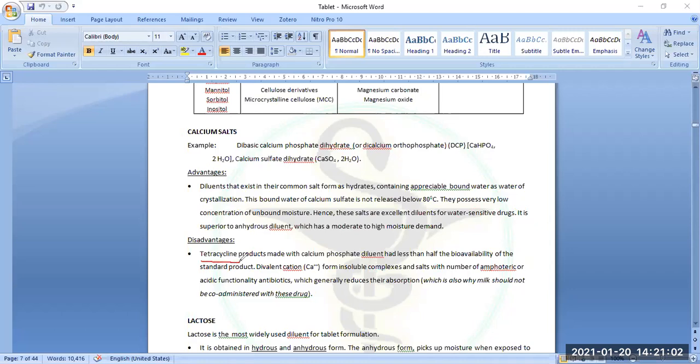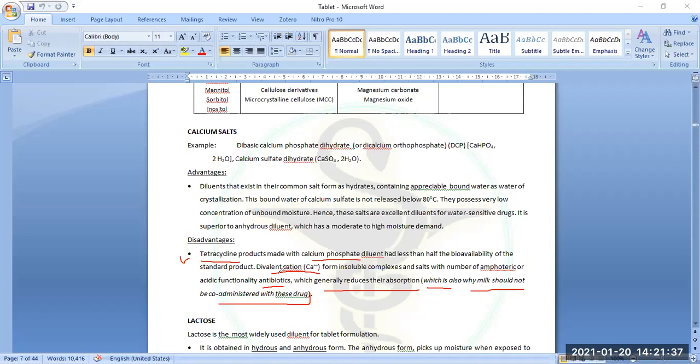What is the disadvantage? We already discussed tetracycline. Tetracycline makes a complex with calcium phosphate as a diluent and reduces its bioavailability due to the cation. It forms an insoluble complex and salt with a number of amphoteric, acidic functionality antibiotics, which generally reduces their absorption, and due to reduced absorption, its bioavailability decreases. Okay, with this, tetracycline has the same issue with milk. Why should milk not be co-administered with this drug?